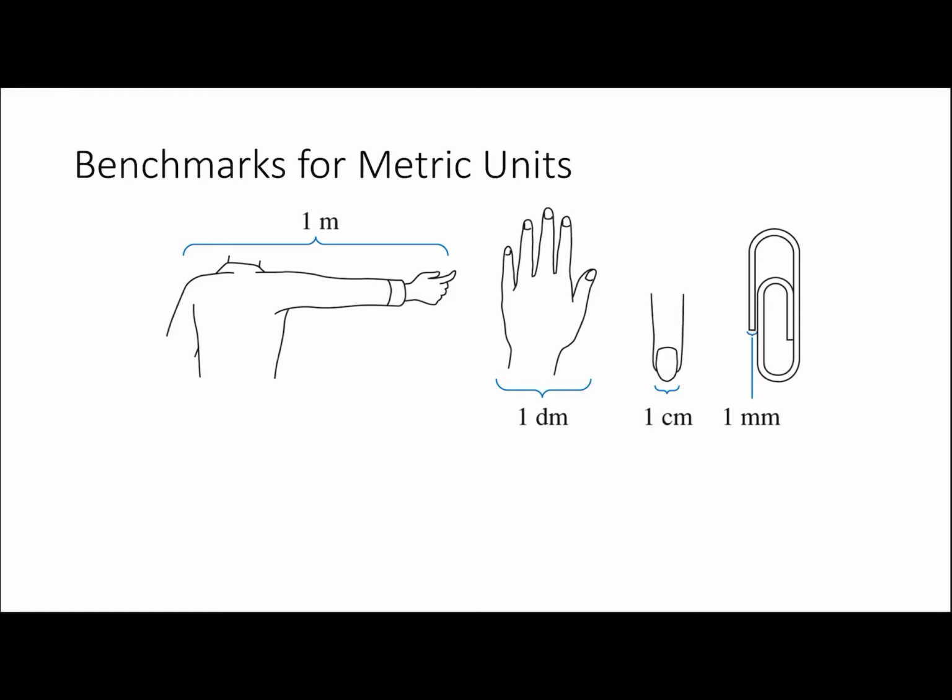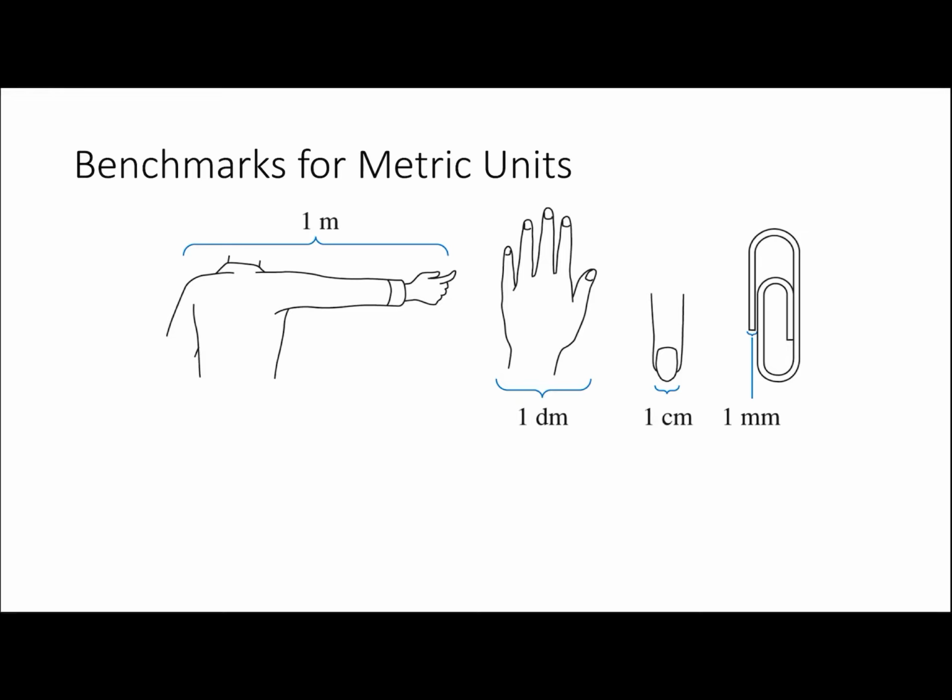The width of your hand is roughly a decimeter, so a tenth of that meter. The width of your finger is roughly a centimeter. Again, not completely accurate. Some are smaller, some are larger.